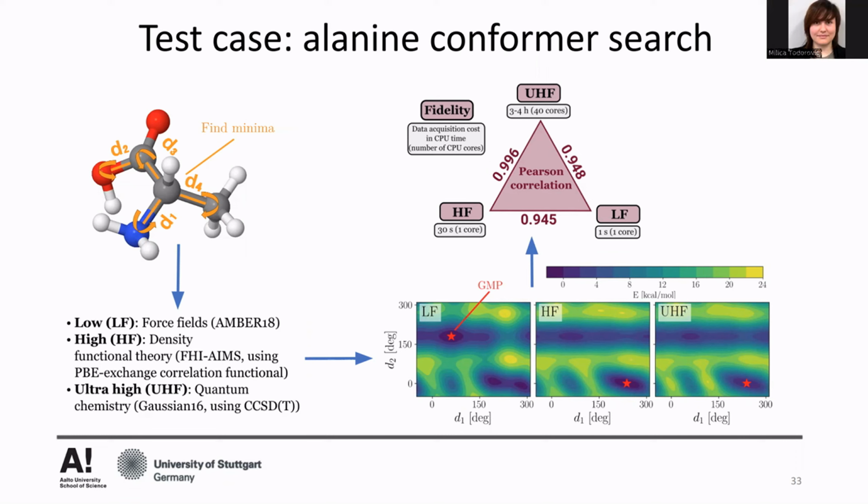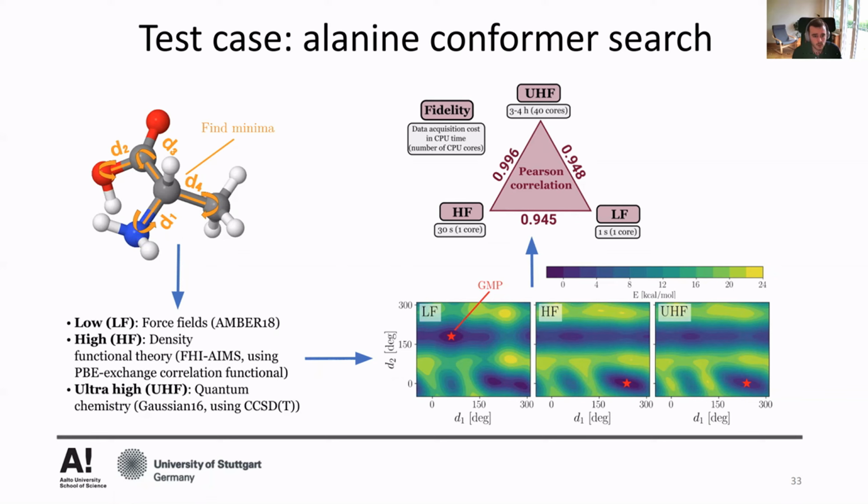Finally, what's quite interesting here is the difference in the computation times, which is in these gray boxes. For low fidelity, one energy calculation takes 1 to 2 seconds. For high fidelity, this takes about 30 seconds, both on a single CPU core. And if we calculate one energy value at the ultra high fidelity level, this takes 3 to 4 hours on 40 CPU cores.